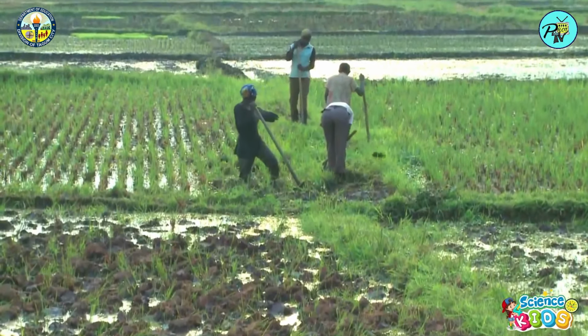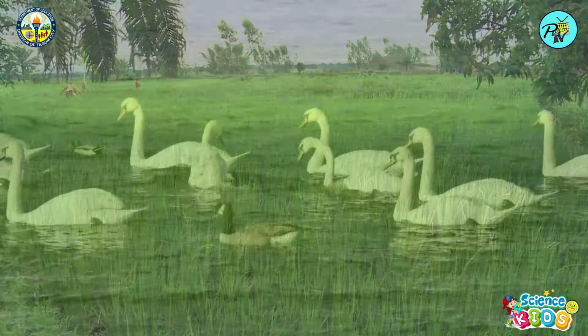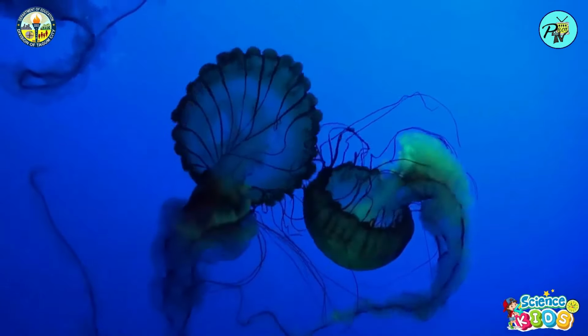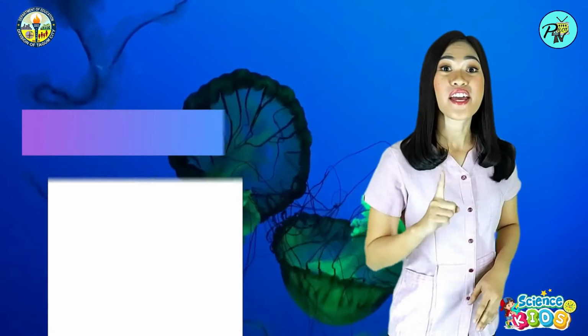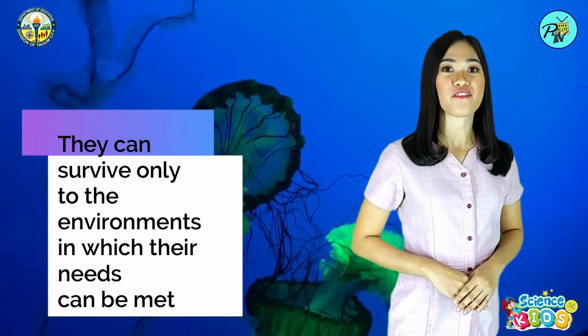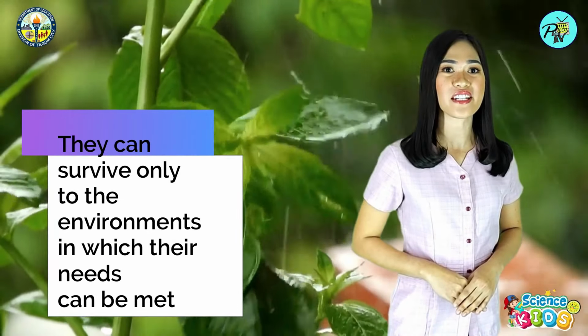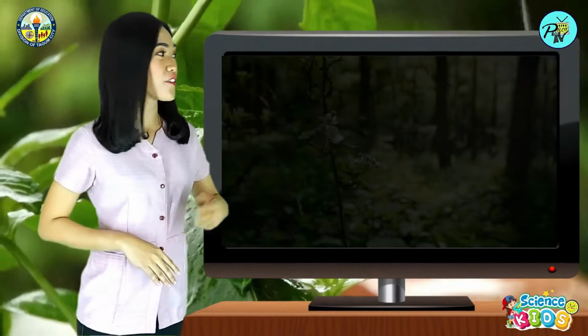So, all organisms depend too much on the environment where they live. They can survive only in the environments in which their needs can be met. Before we begin, let's watch this video first.